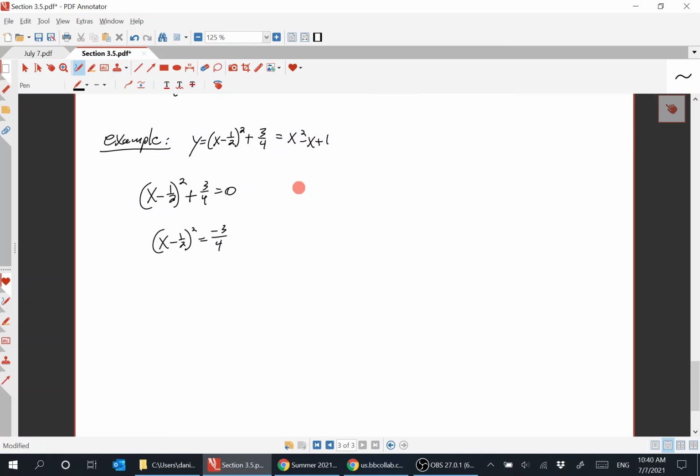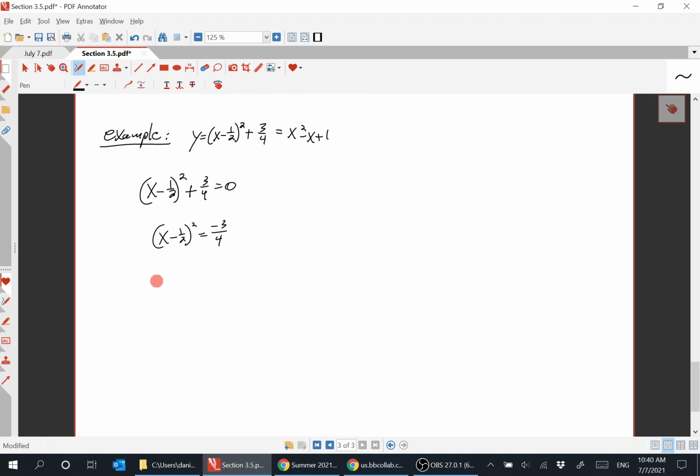Now take the square root of both sides. This is no longer a problem here, this square root of negative 3/4. Over here we get absolute value x minus 1/2. Over here you get root negative 3 over root 4.